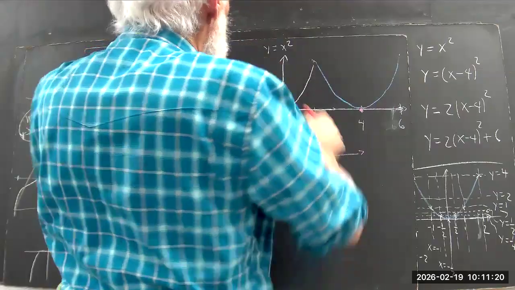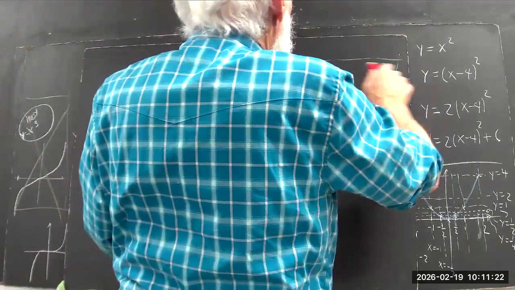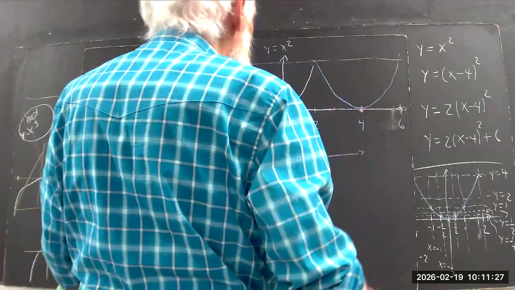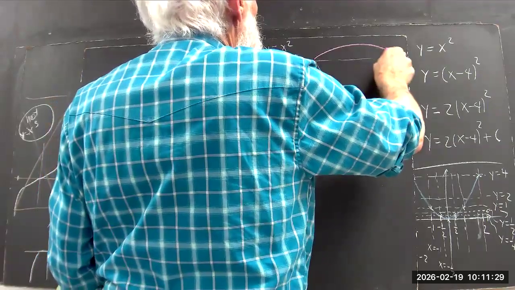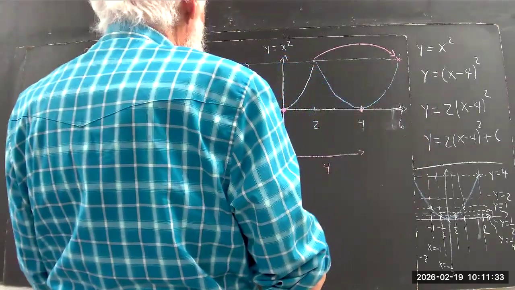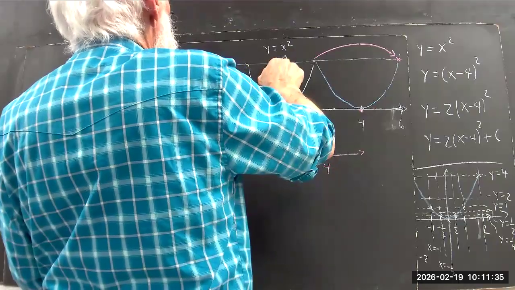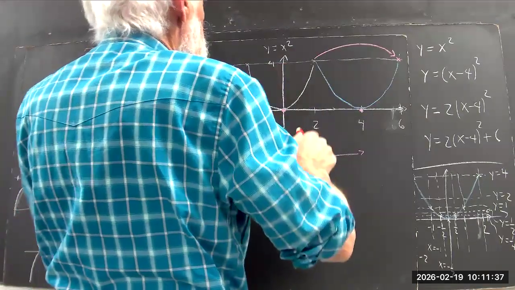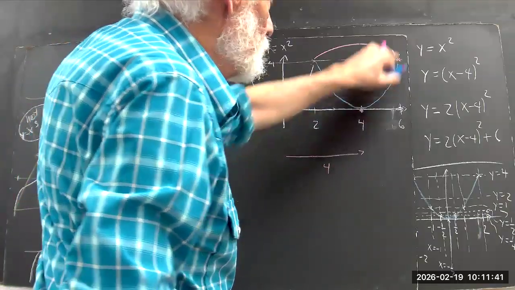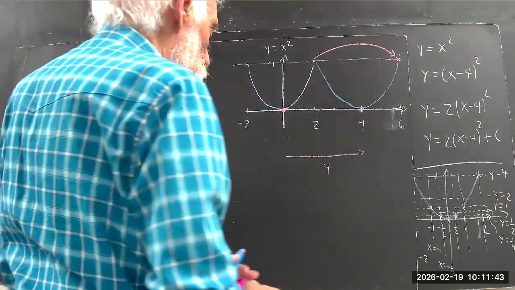The point 2, 4 here shifts over 4 units to the point 6, 4. Point negative 2, 4 shifts 4 units to the point 2, 4. So there's a picture of your graph.